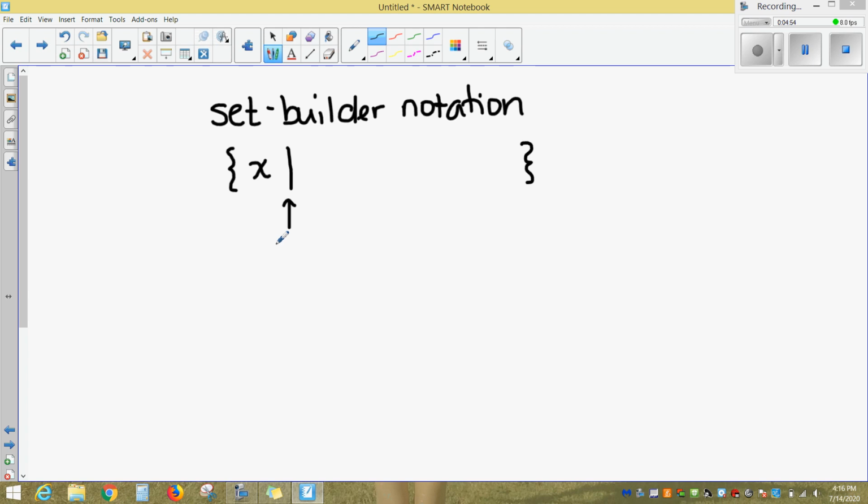Then we have a vertical bar here, and the vertical bar means such that or so that. And then on the right side over here, we give an explanation about what x represents. That explanation can be in words, it can be using mathematical symbols, it can be a combination of both.